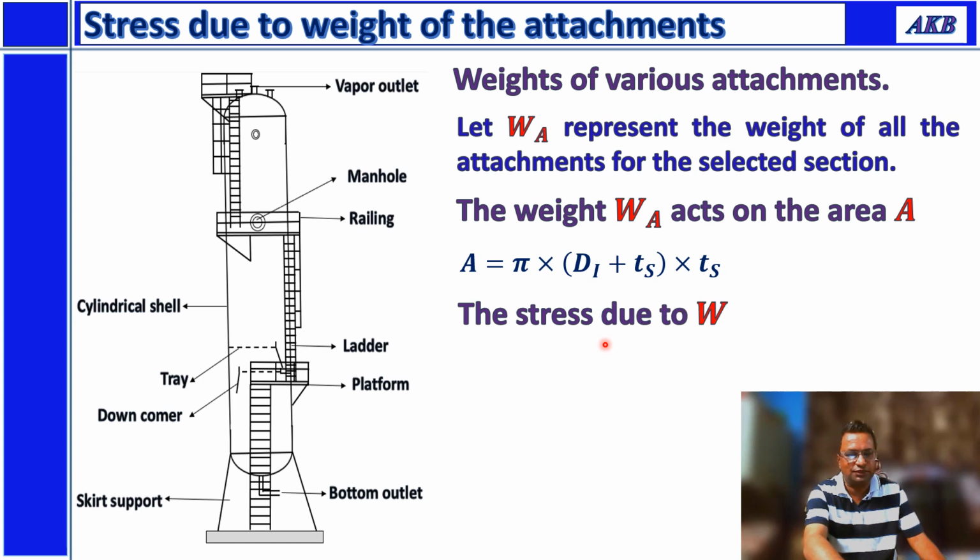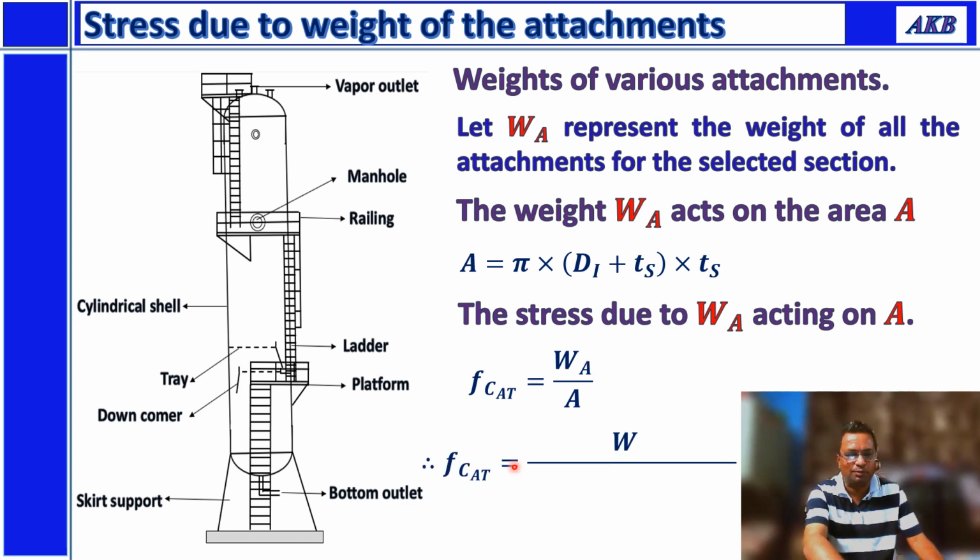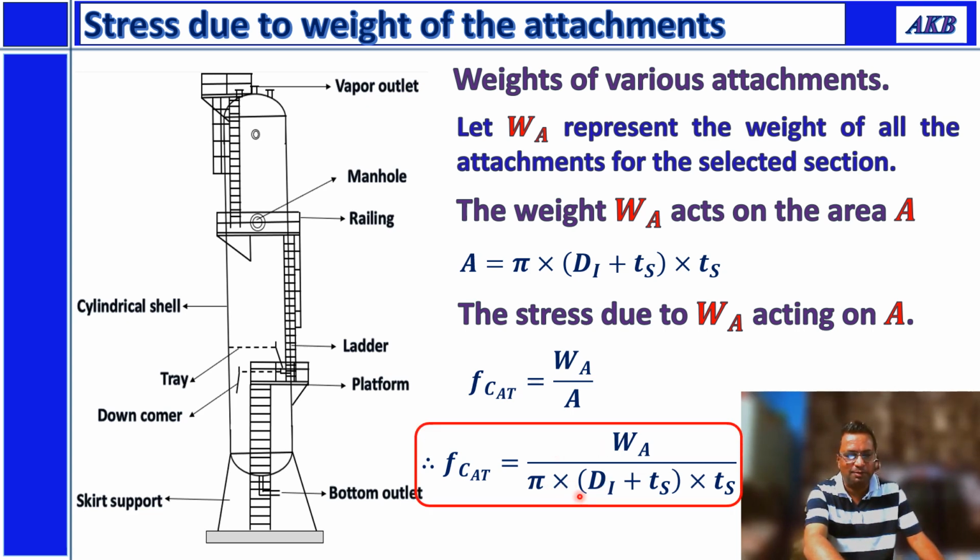Therefore, the stress induced due to the weight of attachments acting on A will be compressive stress. So FCA is equal to WA upon A. You have the weight, and the area is pi into (Di plus ts) into ts.